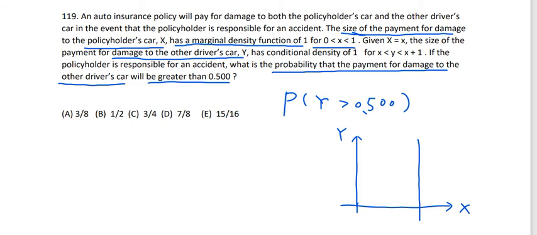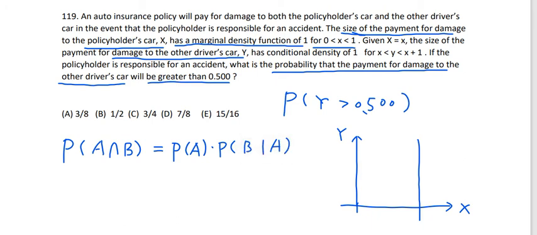For probability, let's say the joint density function is the probability for both of them. So this equals P(A and B), where this is the marginal probability, and then this is the conditional probability.